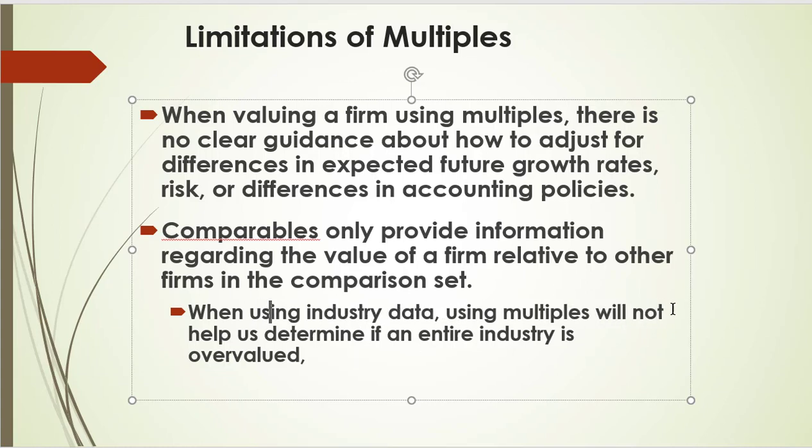When using industry data, using multipliers typically will not help us determine if an entire industry is overvalued. It's really looking at a company. So using industry data probably isn't the best data to use when you're applying it to a company.